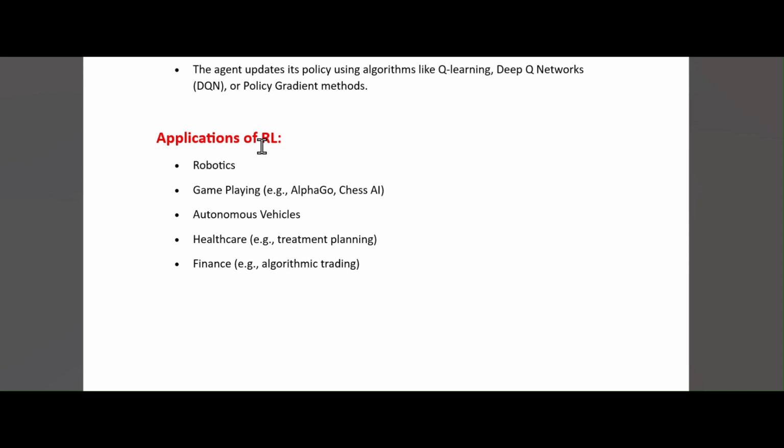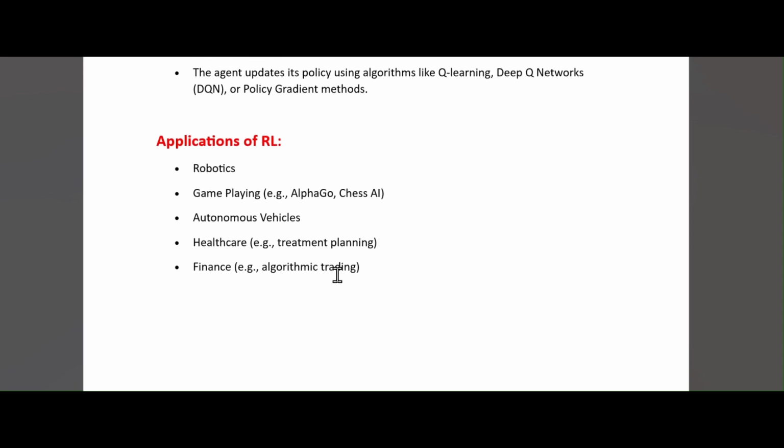In autonomous vehicles, it is used to teach self-driving cars how to navigate complex or busy streets. It is also used in healthcare to personalize treatment plans for patients with complex diseases, and in finance to optimize portfolio management and trading strategies.